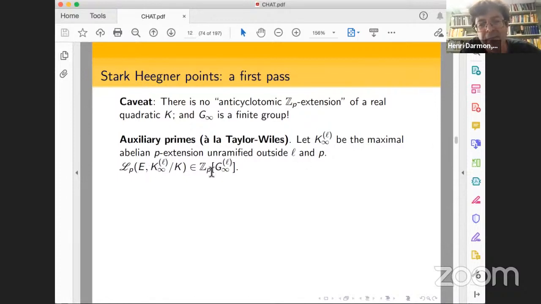And this group G_infinity^L, we only allow p-power ramification, so this was still a finite group of p-power degree. And so we had this kind of p-adic L function, which belongs to this finite group ring. One could think of this as a stub of the hypothetical, fictitious p-adic L function attached to the non-existent anti-cyclotomic Z_p extension of the real quadratic field.